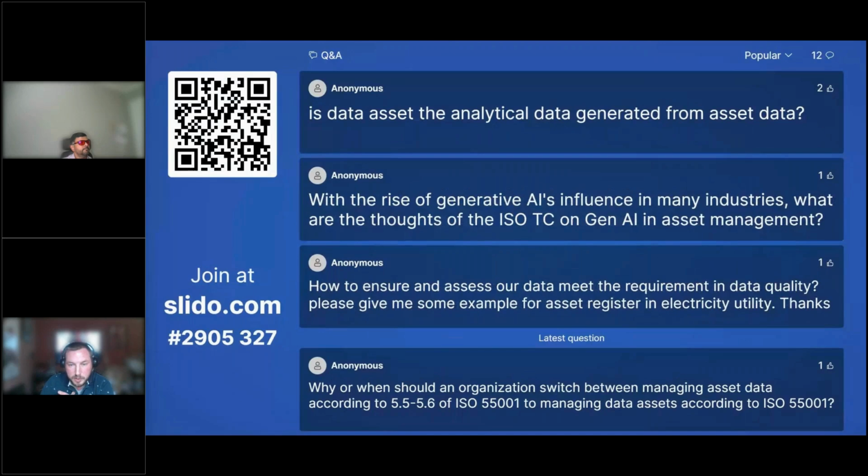With the rise of generative AI's influence on many industries, what are the thoughts of the ISO TC on Gen AI in asset management? Interesting question. This is a topic that is gaining a lot of attention in the TC as part of our future forward initiatives.